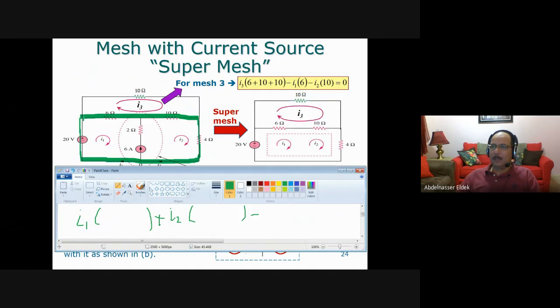I1 times what? In this mesh, we have only 6. We don't have 2, remember. The 2 is gone. The 6 ampere and 2 are gone, so you remove the whole branch. So in this case, you don't have 2 and you don't have 6 ampere. So I1 times just 6. Okay, plus I2 times what? Times 10 and 4. 10 plus 4.